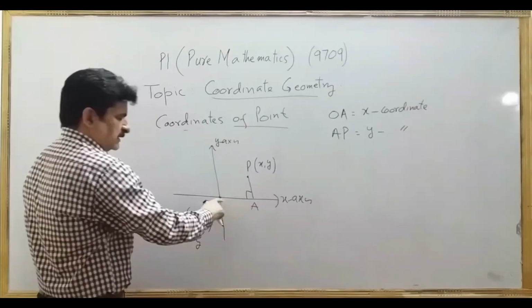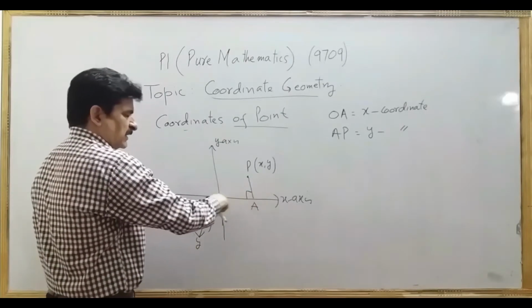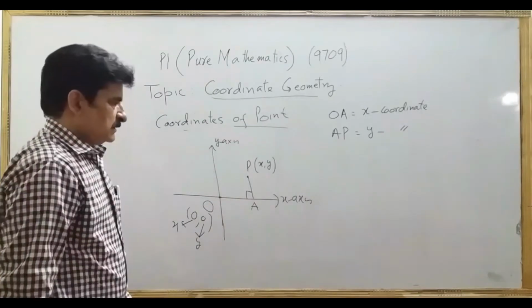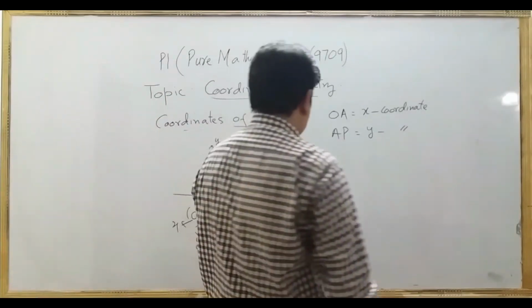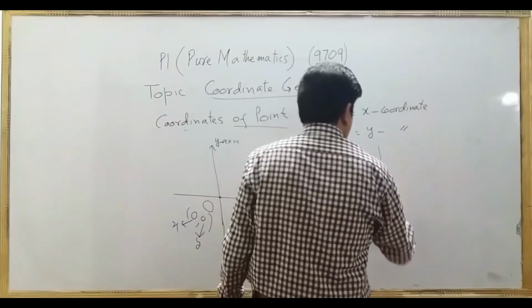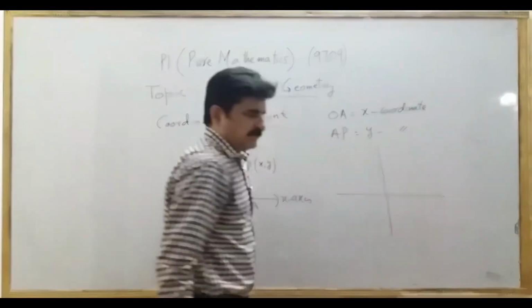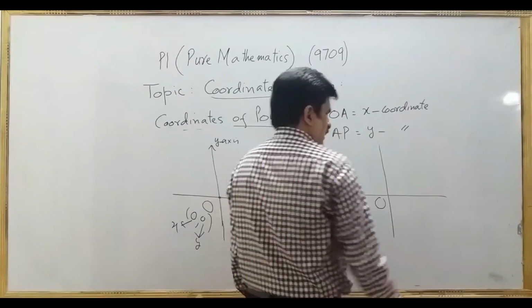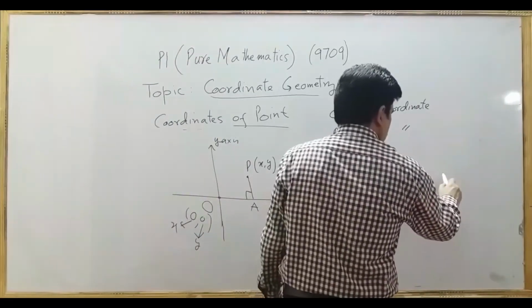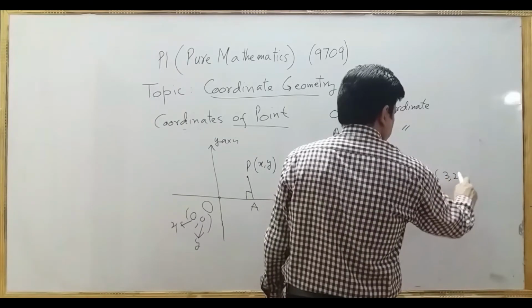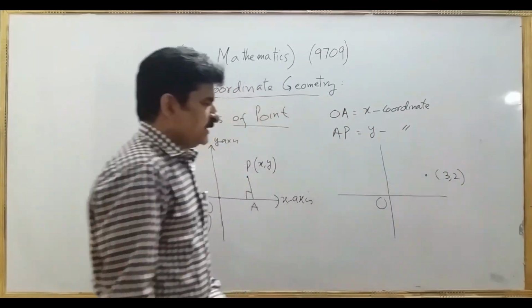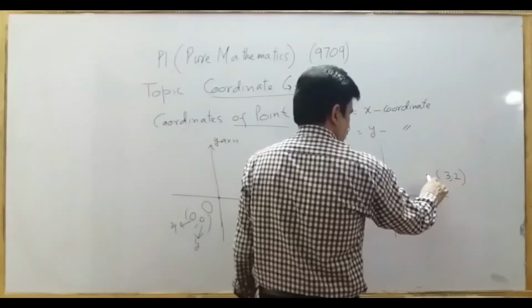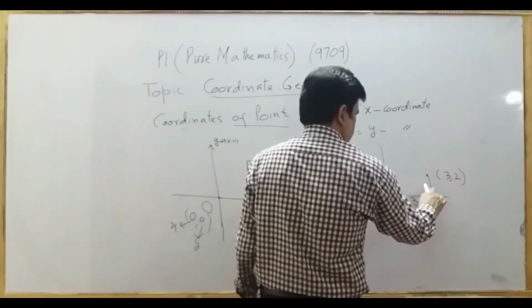So x, y are distances or lengths, but with regard to their directions, may be positive or negative. So we have four quadrants. This is first quadrant. Now say I have a point 3, 2. What does this mean? Both coordinates are positive. The 3 distance is this and 2 is this.